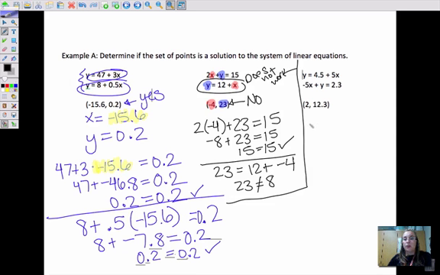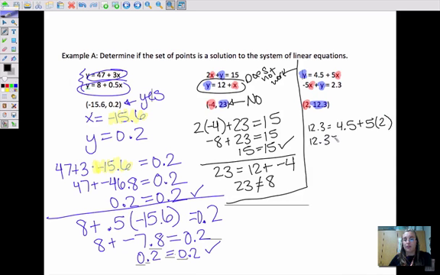Okay, so I'm going to plug in here. Same thing again. If my y is 12.3, I'm going to put that in for the y in each equation. If my x is 2, I'm going to put that in for x. And then I'm going to solve it out. So I'm going to see if 12.3 equals 4.5 plus 5 times 2.